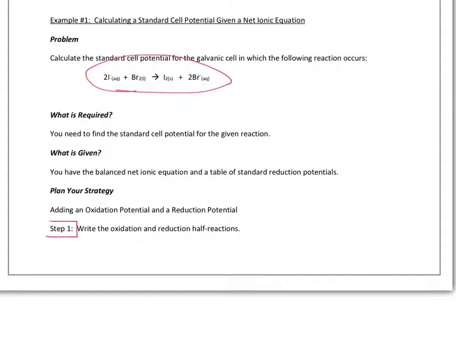Step number 1, the first thing you need to do is to write out the oxidation and the reduction half reactions. Well, we've been practicing that in this unit. So the first thing we have to do is break them apart according to their elements. We have 2I negative, and note this is written on the next page, so you should just pay attention, goes to I2 solid, and we have Br2 liquid goes to 2Br negative aqueous.